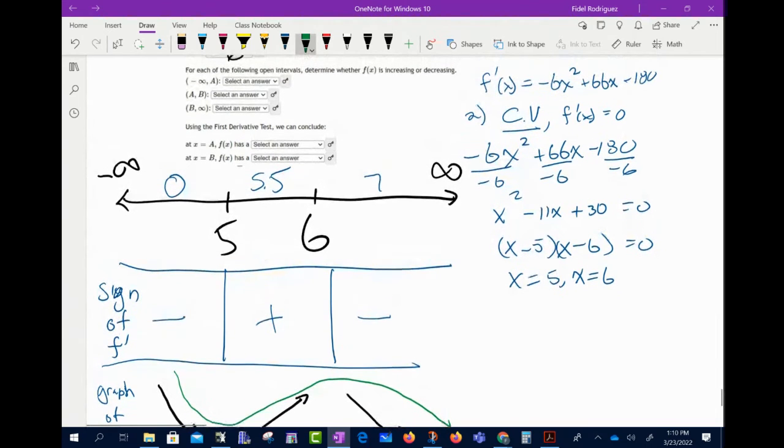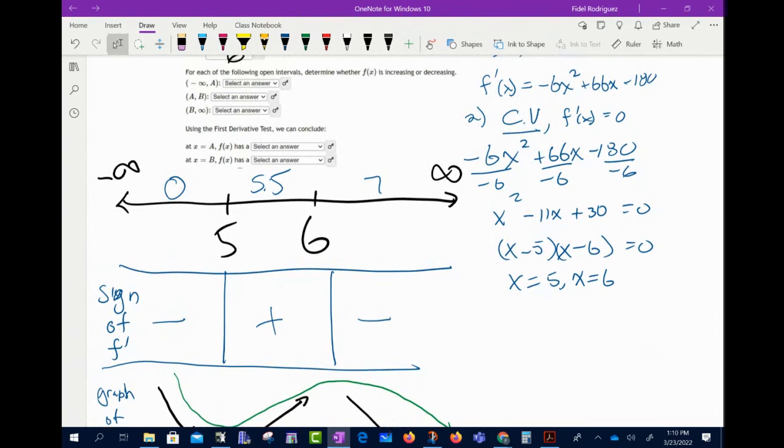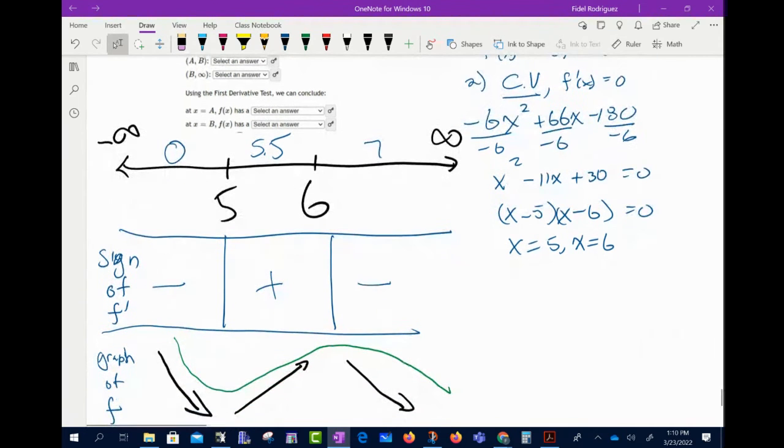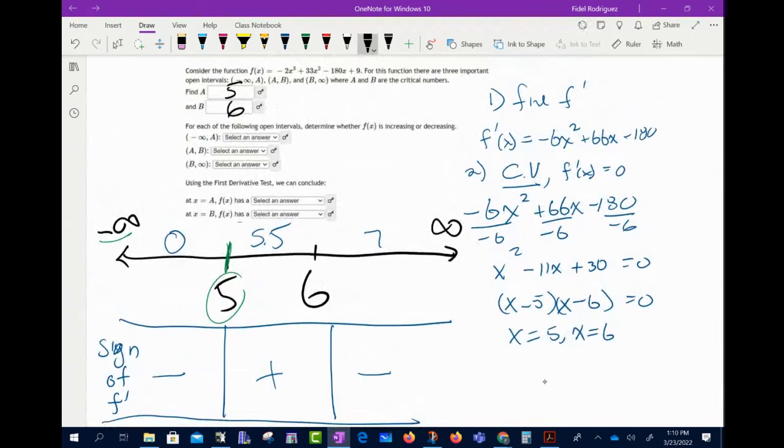Okay, so look, now it's asking us for each of the open intervals, determine whether f of x is increasing or decreasing. So question, between -infinity and 5, was the function increasing or decreasing? Decreasing, right? So right here, y'all, we're going to select decreasing, right?